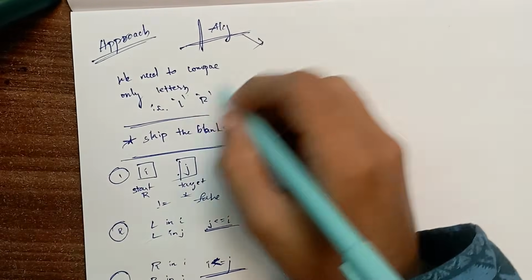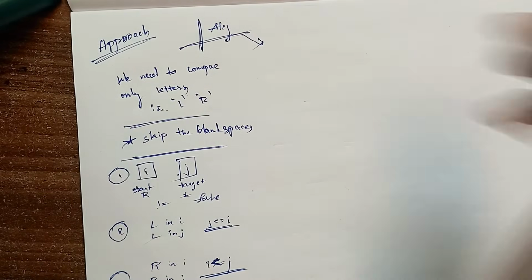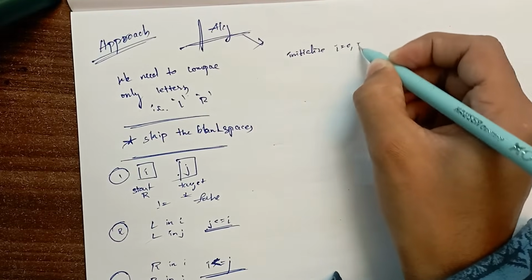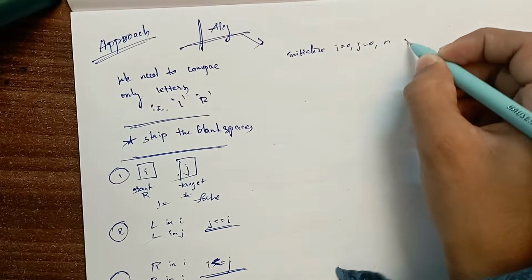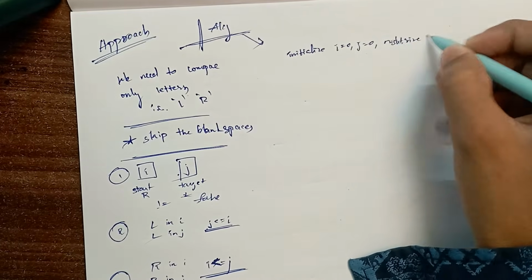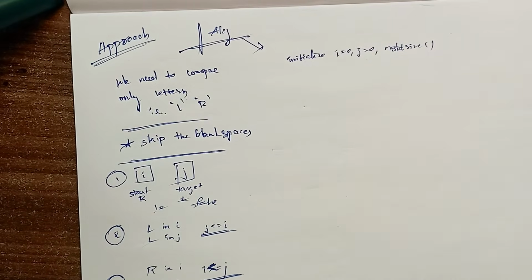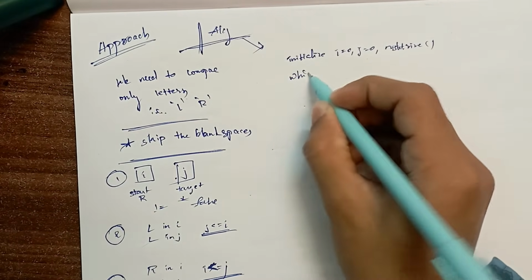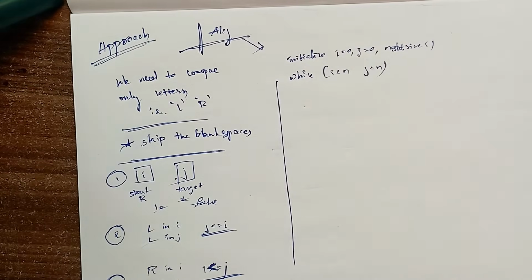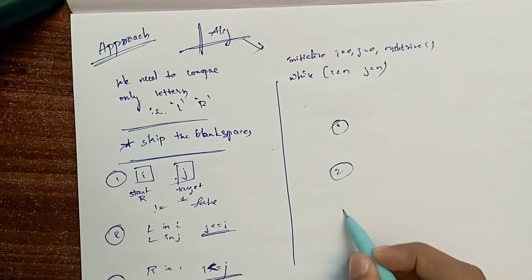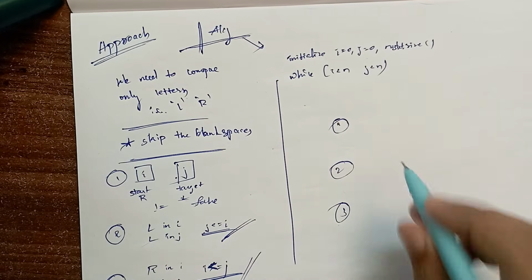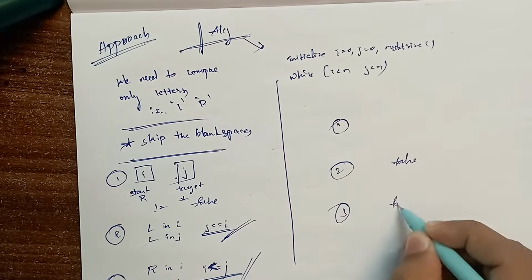Now the algorithm for this question is: initialize I equal to 0, J equal to 0, and n as the size of the start string, as both are of equal size. Then we run a while loop until I is less than n and J is less than n. In this we add the first, second and third conditions. If the conditions don't hold, then we return false.